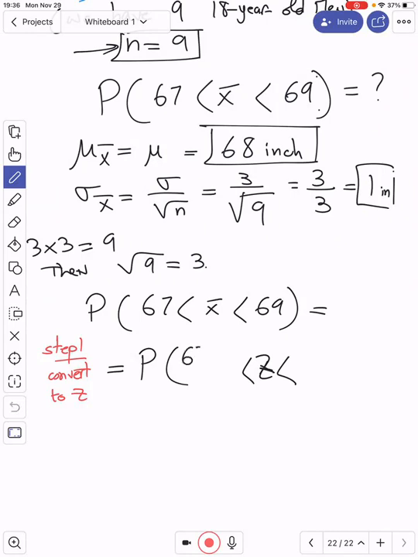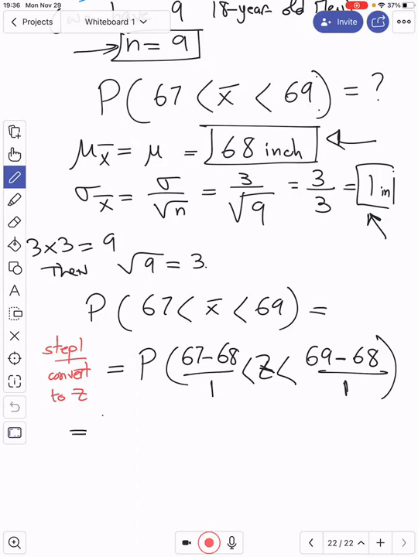So that's 67 minus the mean, mu, which is 68, over the standard deviation of x bar, which is actually 1. And on the other side, you have 69 minus 68 over, again, 1, the standard deviation of x bar.